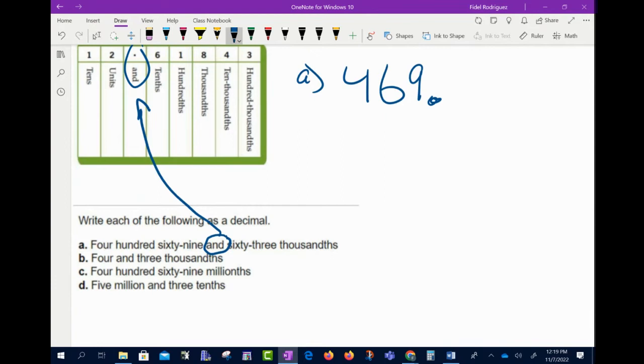63 thousandths. So y'all, the way I would show this to my class of fourth graders, I would say, look, this is the tenths, this is the hundredths, this is the thousandths. I'm writing real messy here, so I'm going to fix that.